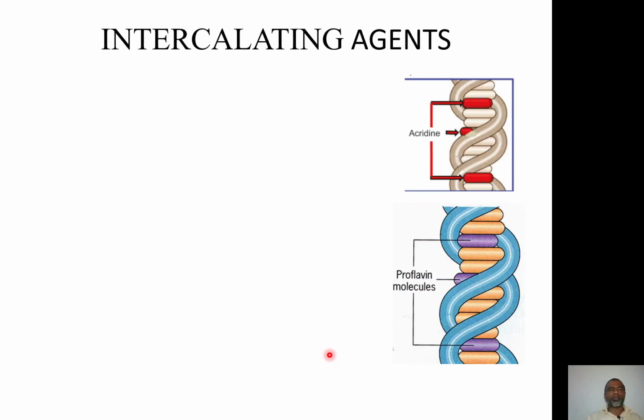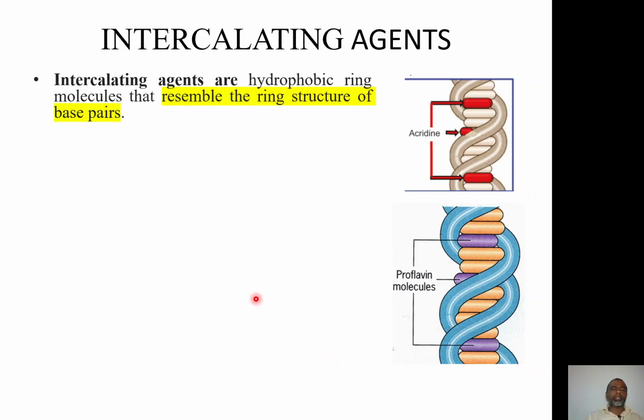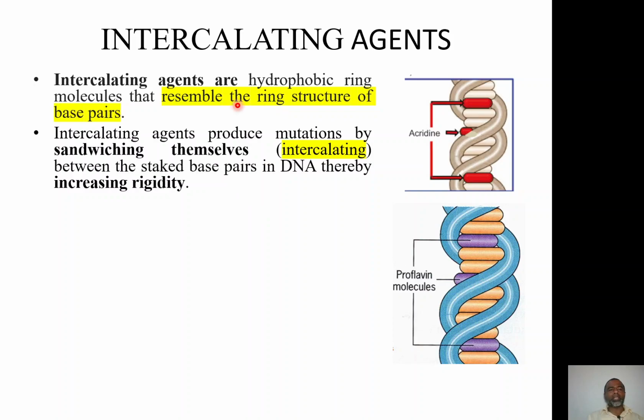Let us discuss first of all the intercalating agents. Intercalating agents are those agents which are present chemically in the form of a ring. They are ring molecules and they resemble the ring structure of the base pairs. Because they resemble the ring structure of the base pair, they will intercalate themselves, they will sandwich themselves between the stacked base pairs.